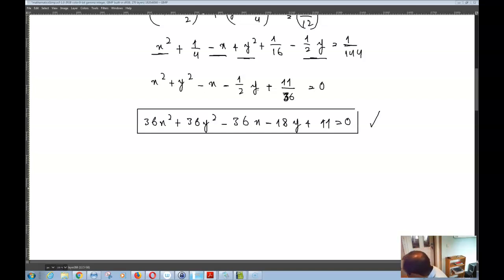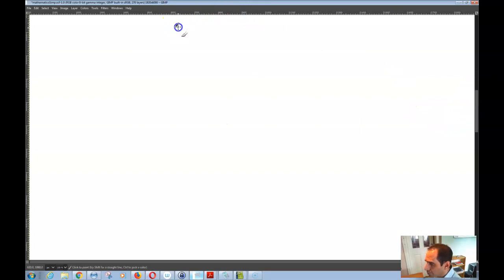Okay, so we did question number 3. Now question number 4: the center is at 1, 1, and the radius is equal to square root of 2. So again, x minus 1 whole squared plus y minus 1 whole squared is equal to r squared, which is the square root of 2 squared, equal to 2.